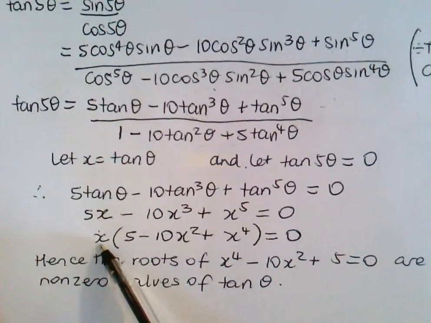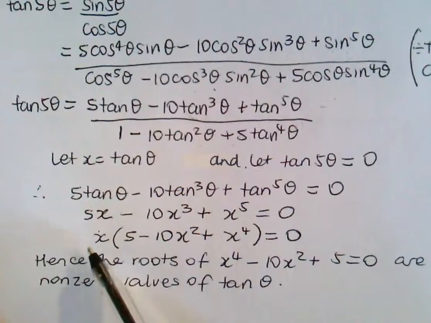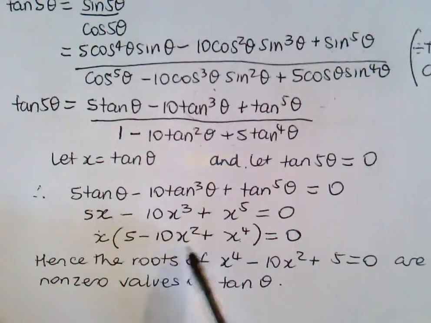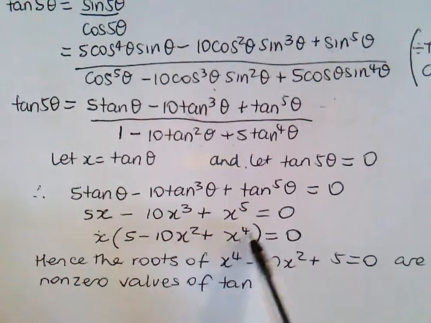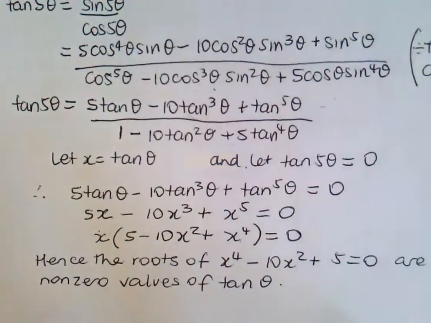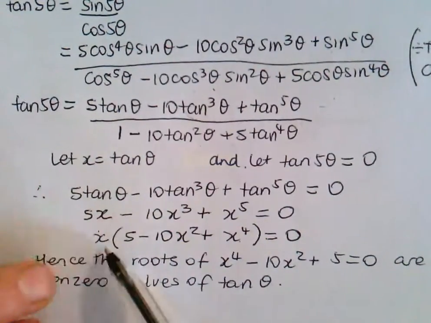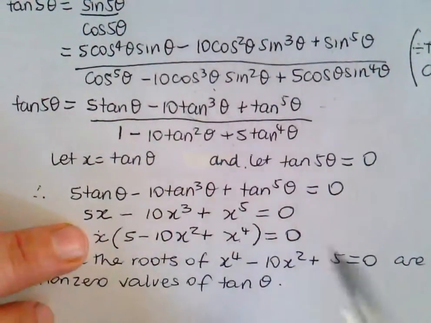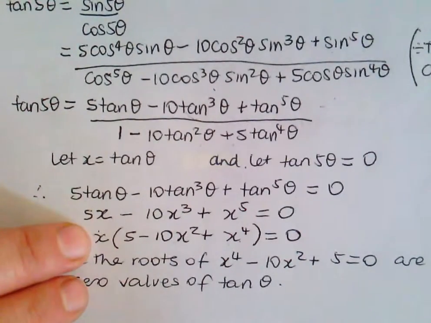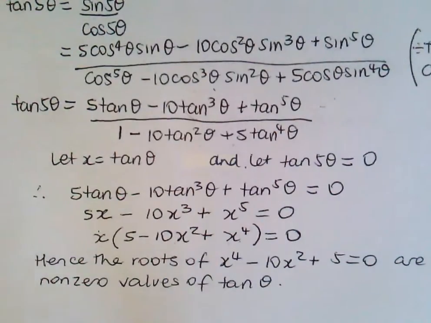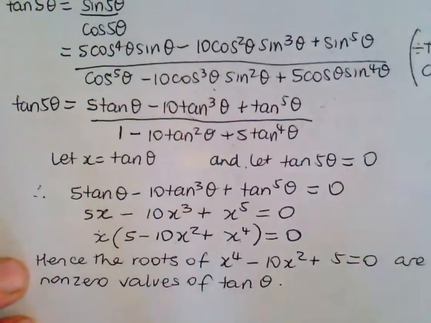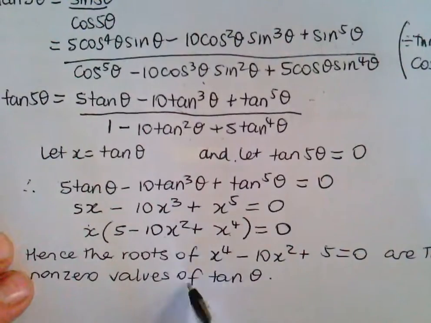You know how x equals tan theta? So I've got basically here that tan theta equals 0, or x to the power of 4 minus 10x squared plus 5 equals 0. If x equals tan theta, x is tan theta, so tan theta is 0. According to the tan graph, tan of 0 is 0. Got it? Okay, that's what that means. So these are the non-zero values of tan theta. All right?